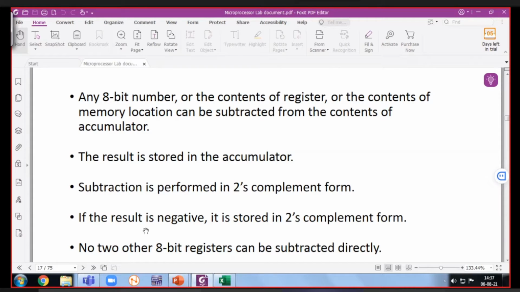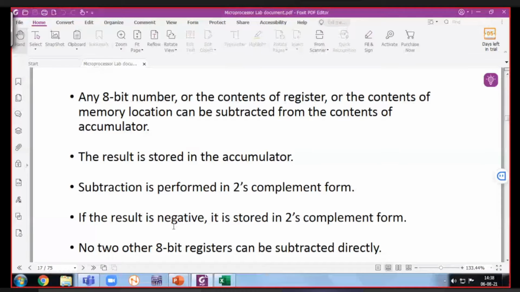So if result is negative, suppose your operation is 5 minus 9. The value 5 is in accumulator, value 9 in any register. Suppose your instruction is sub B. 5 minus 9, that is minus.